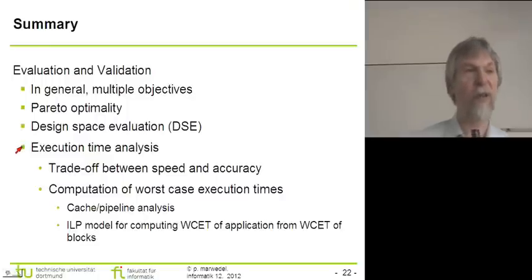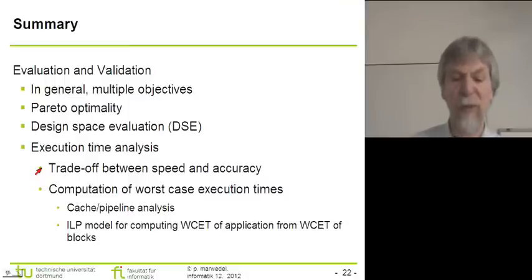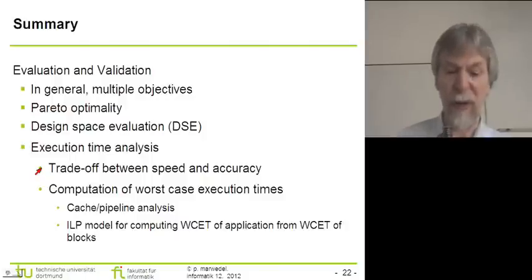And then we have started to consider the different objectives that we need to evaluate. I have briefly looked at the average speed, where we can either do an evaluation at a very high level, looking possibly just at the source code, where we have a fast evaluation but limited accuracy. On the other hand, we can look at the binary code, where such an evaluation takes more time, but it would be rather precise.